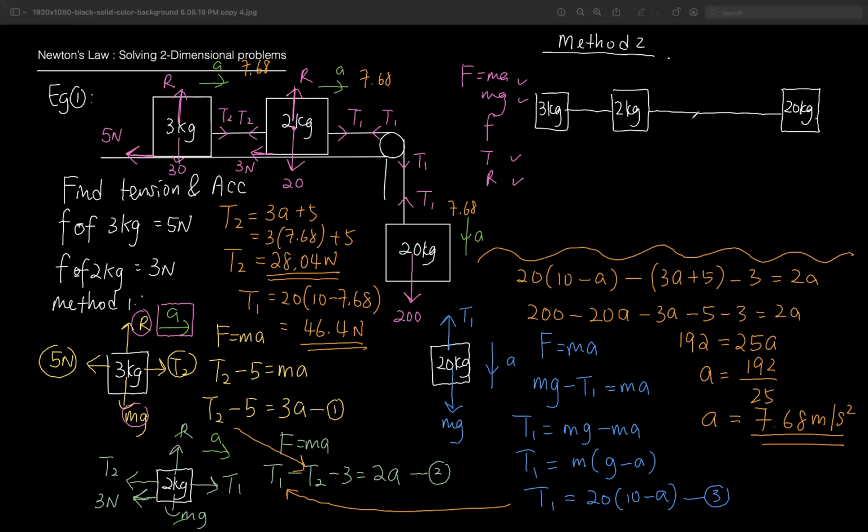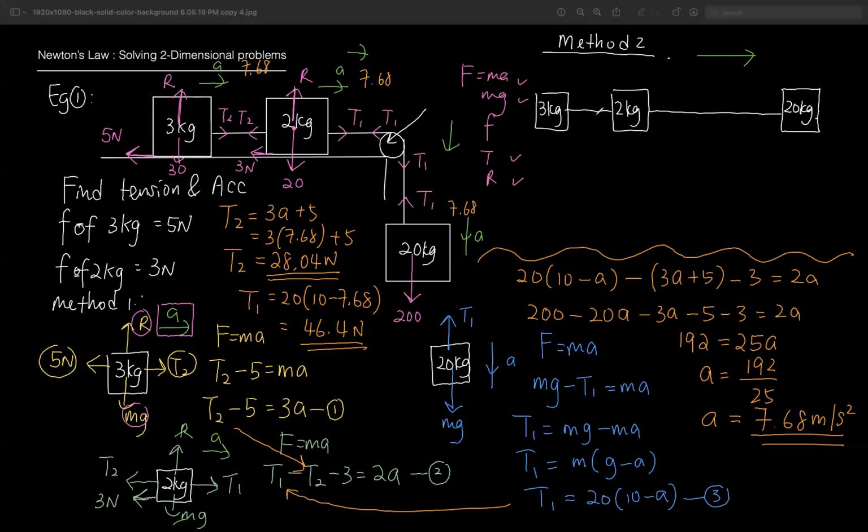What I'm doing here is I imagine that I remove the pulley and I straighten the string. You can imagine that this entire motion, if I straighten it out like this, because this is going down from here and this is going to the right, then this whole system would be moving to the right.